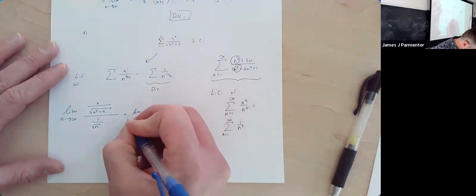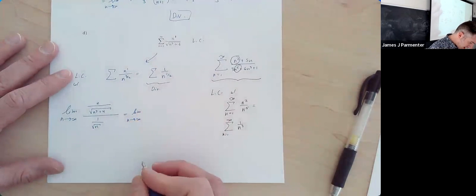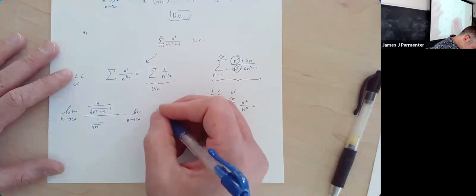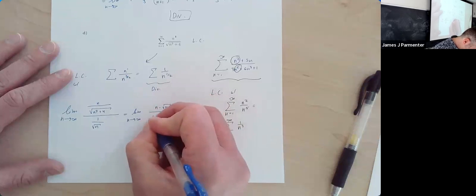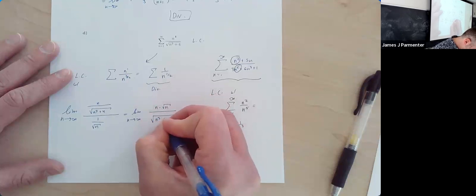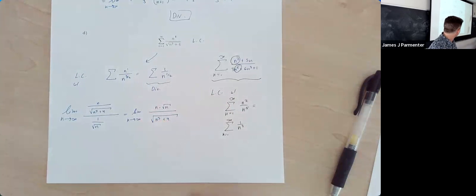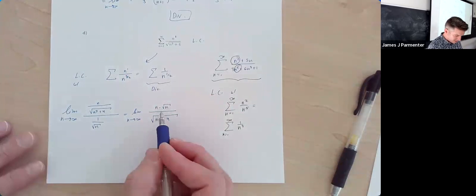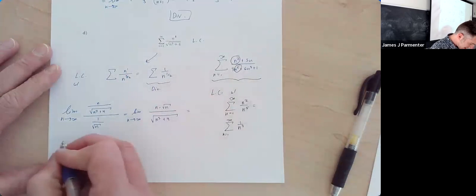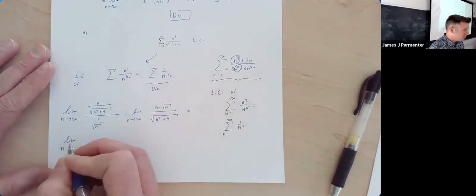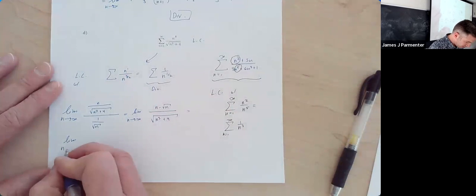The limit as n goes to infinity of n times the square root of n over the square root of n cubed plus 4. Here's what I would probably do to make this easier. I'd bring this n inside the square root. I mean, you could probably use L'Hopital's rule, but it seems kind of gross.